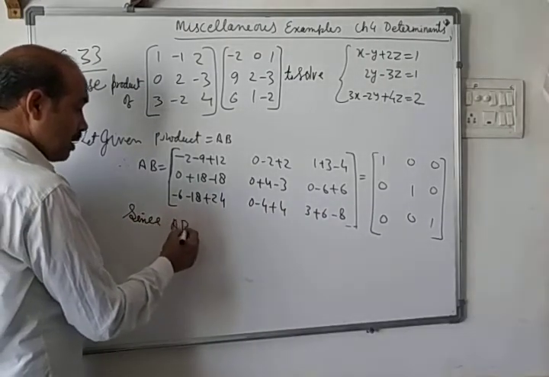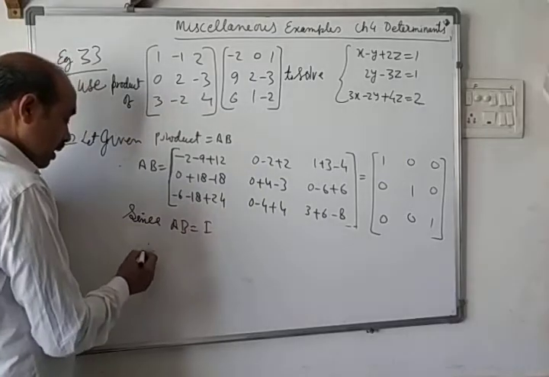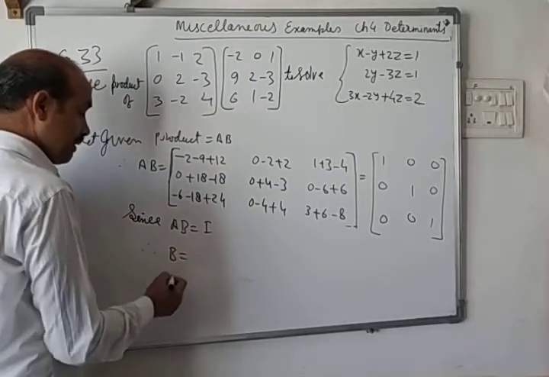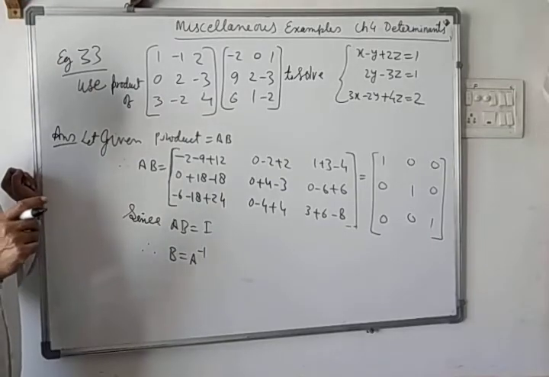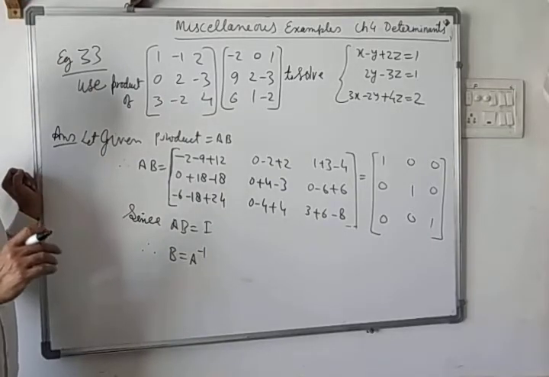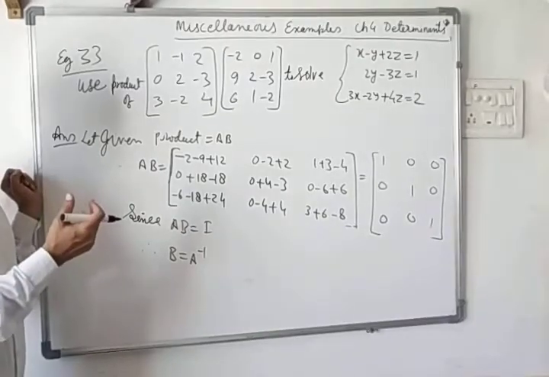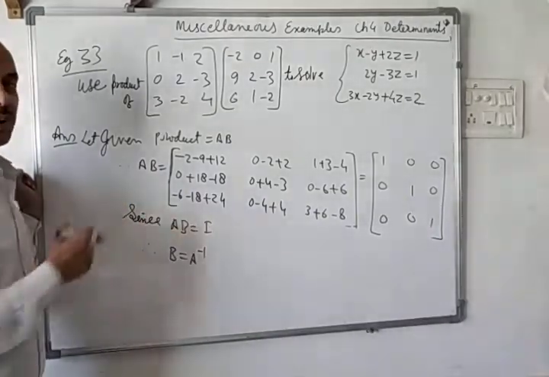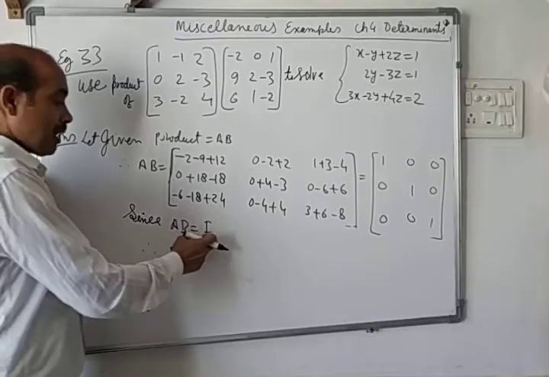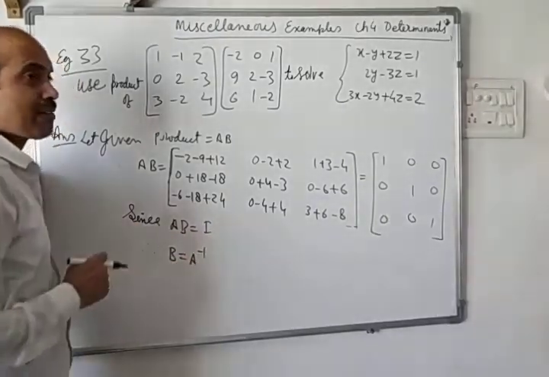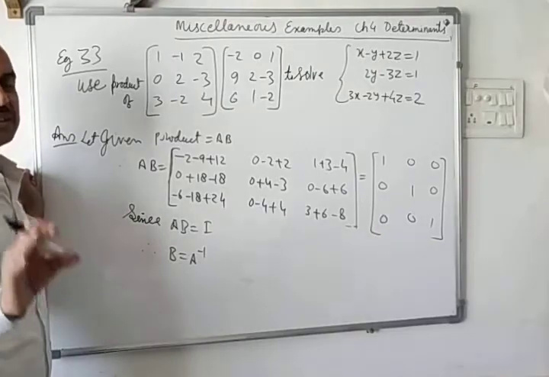Since AB is equal to I, therefore B is A inverse. So only this thing is new in this question, that we have given A inverse in a product form. A into B is given, which will give you I, identity, so we will get A inverse as B. Now rest part is same.